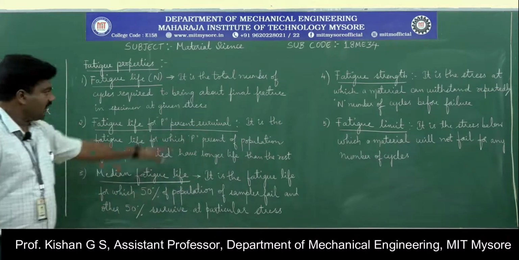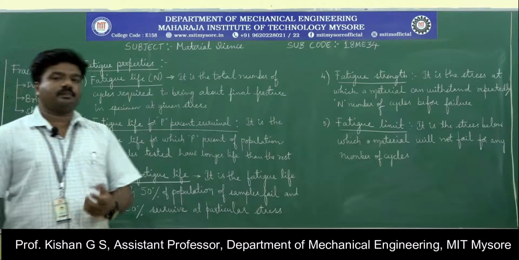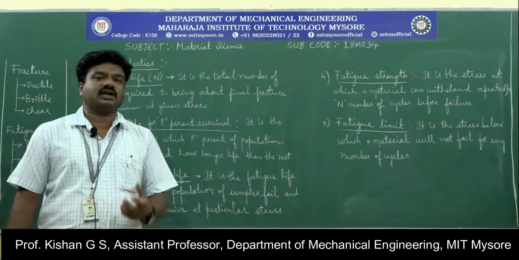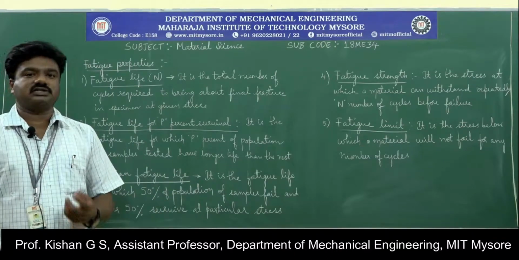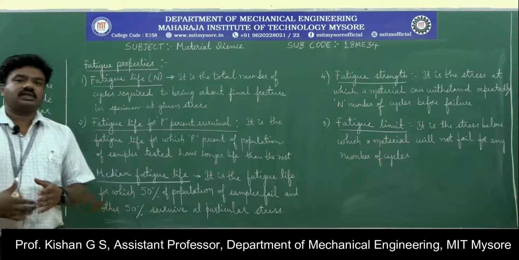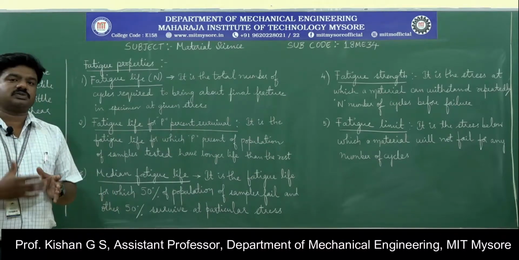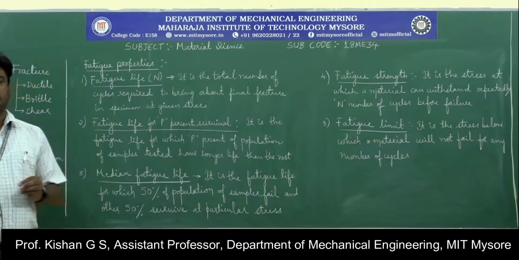As the name itself suggests, it is survival, so it is the life which is defined for P percent. For example, if N90 is represented, then 90 is the P value being accounted. That means 90 percent of the specimens have better life than the remaining specimens in the condition.